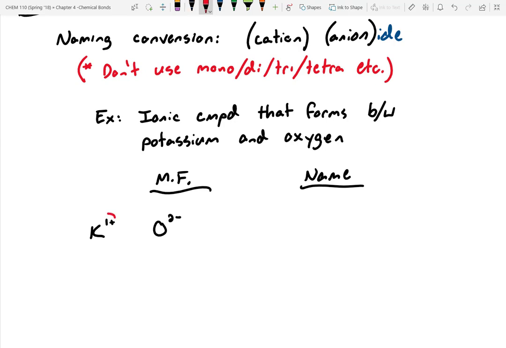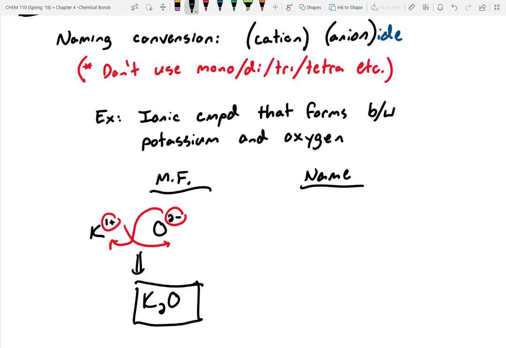Okay, and then really easily what you can do is flip these around. We saw that yesterday. And that means that this must be K2O1. Do we have to include the 1? No, you don't have to include the 1. It's implied if you don't have it drawn there. So this would just be K2O for the molecular formula.